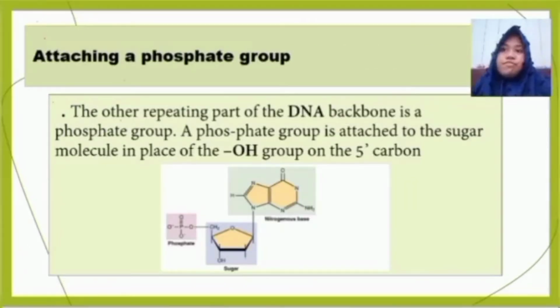Attaching a phosphate group. The other repeating part of the DNA backbone is a phosphate group. A phosphate group is attached to the sugar molecule in place of the negative oxygen hydrogen group on the 5 carbon. Phosphate is a functional group or radical comprised of phosphorus attached to 4 oxygen.